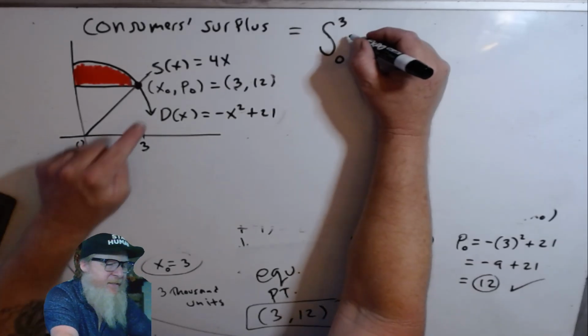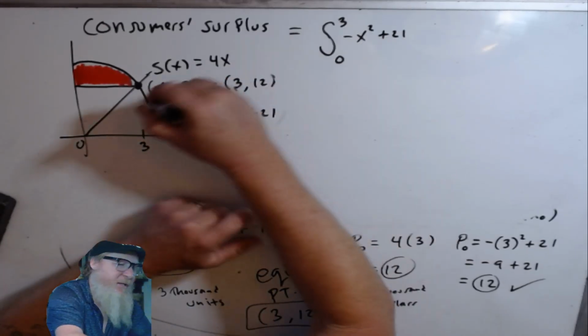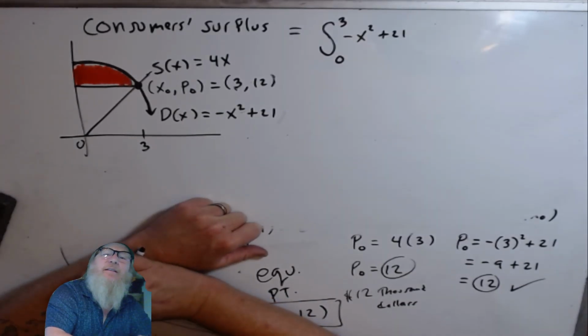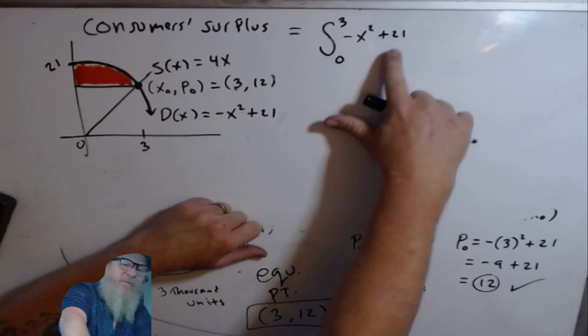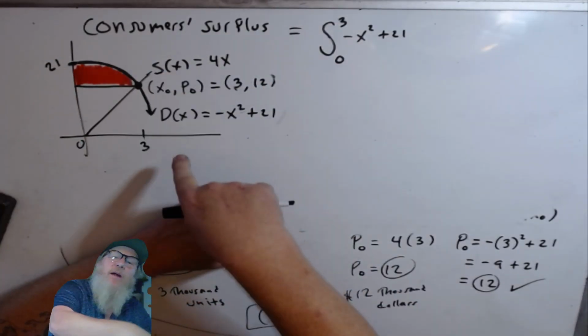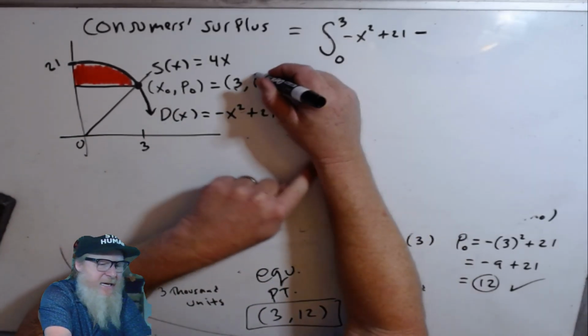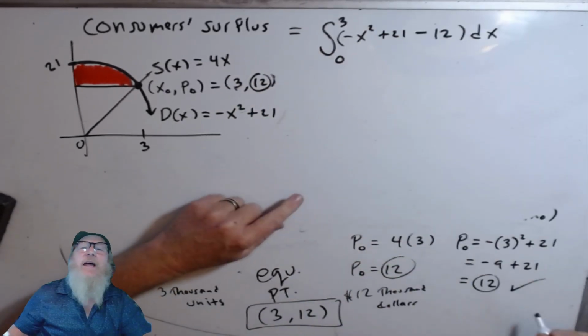Of the demand, that's this. It's sort of the lid. I didn't really show it on the graph, but this point right here is 21. And then the -x squared, it's upside down. Minus the P, the price, with respect to X.